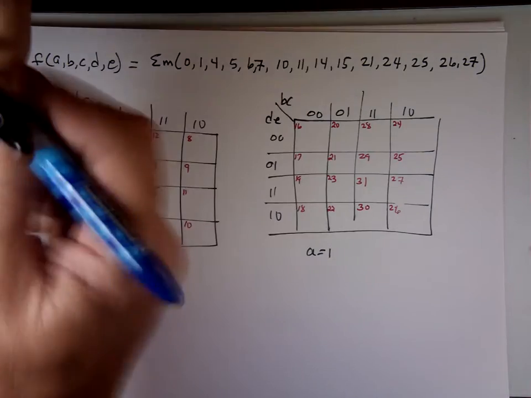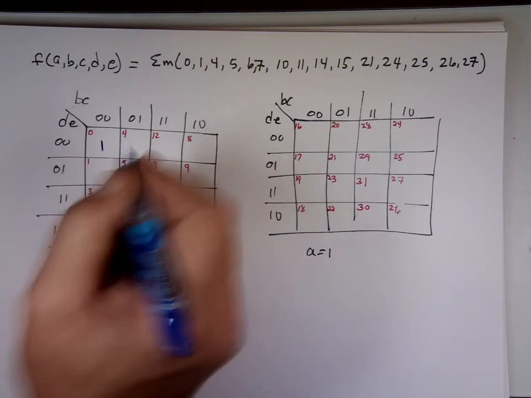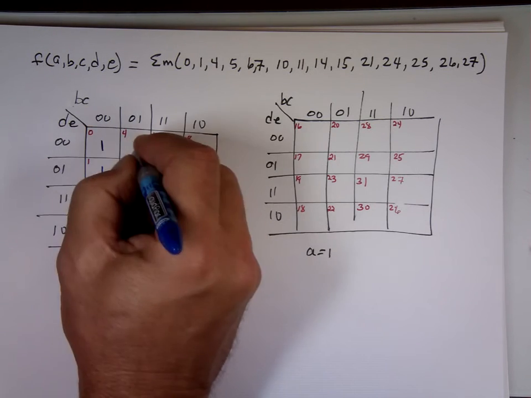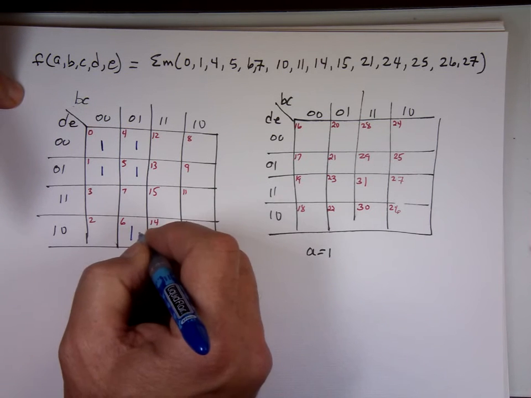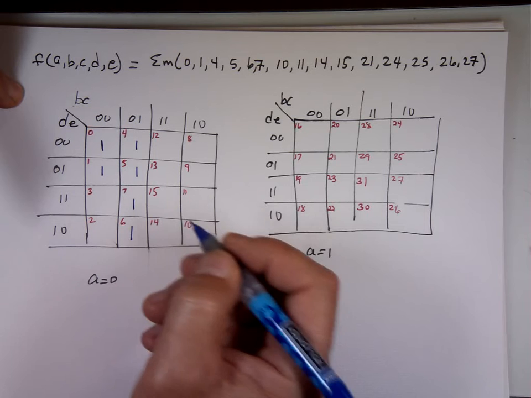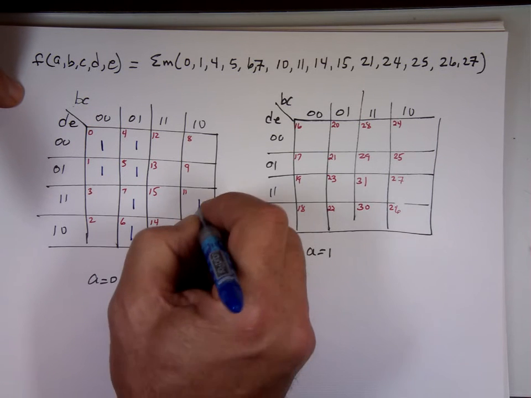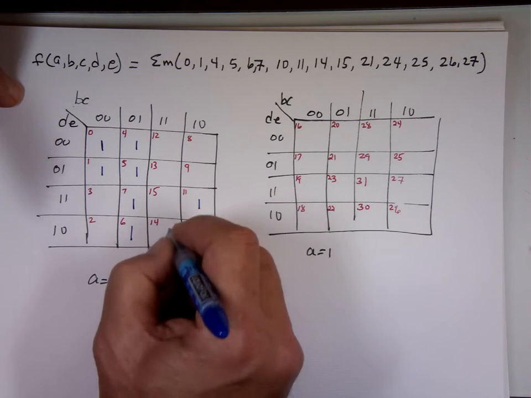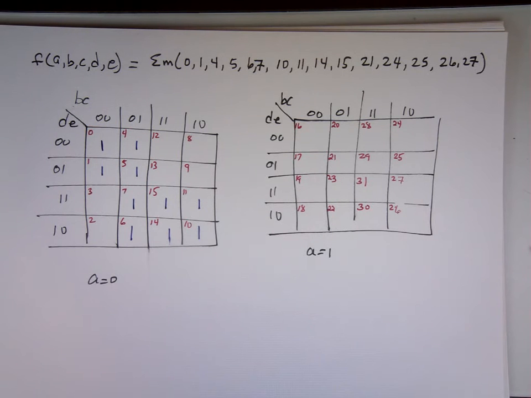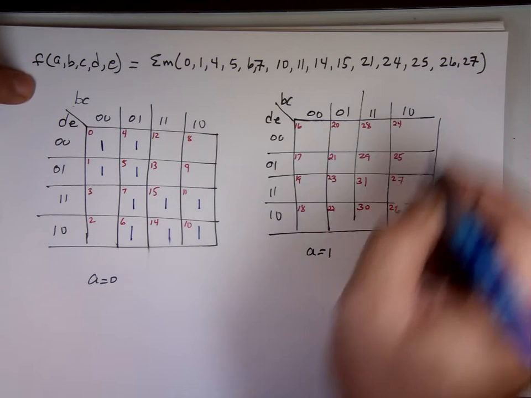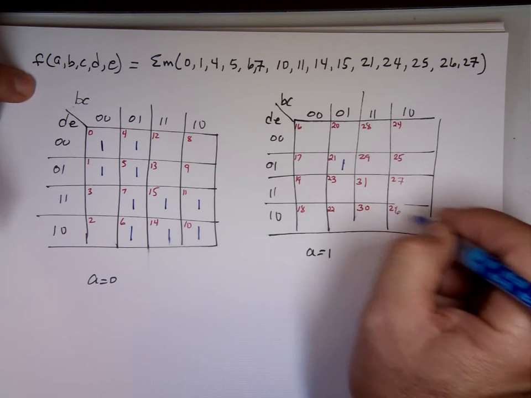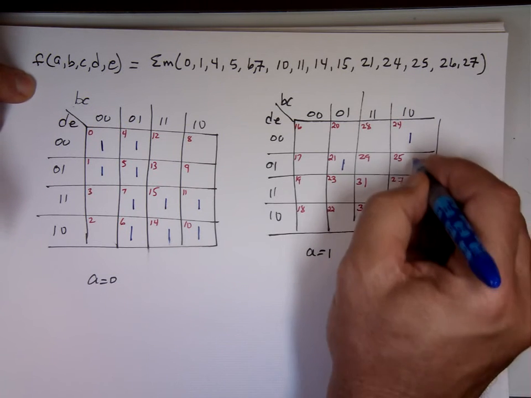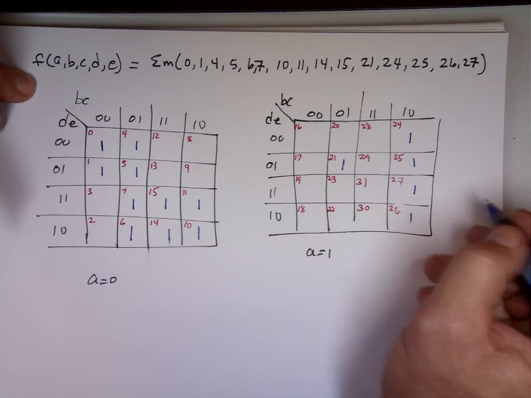I got a 0 has a 1, 1 has a 1, 4, 5, 6, 7, 10, 11, 14, 15, 21, 24, somewhere here, 25, 26, 27, that's it.